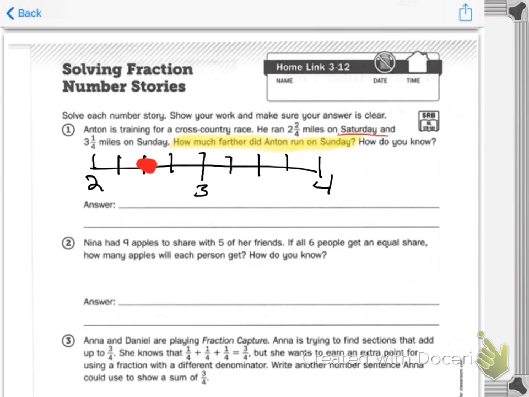Then on Sunday he ran 3 1/4. So here's my 1/4. If I'm hopping, I have 1/4, 2/4, 3/4.